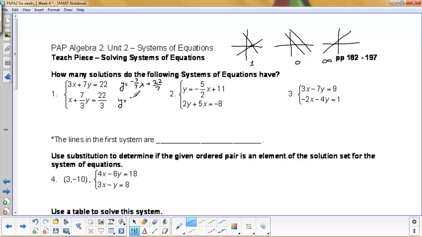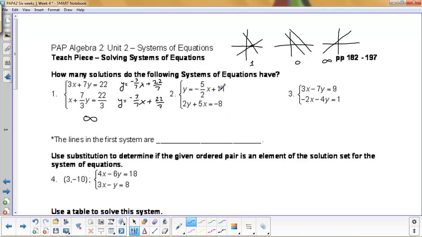Y equals negative 3 over 7 x plus 22 over 7. Both of these lines are identical to each other, which is the third style of solution, and that will be the infinite number of solutions.